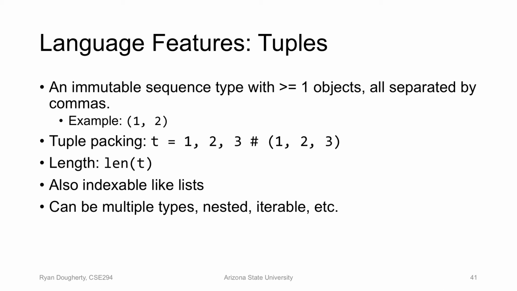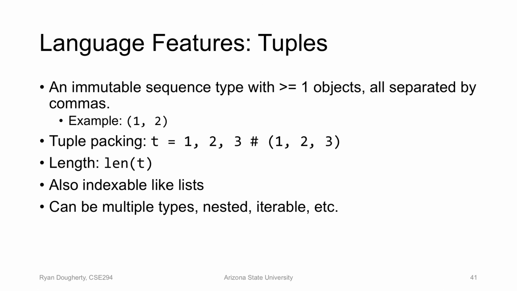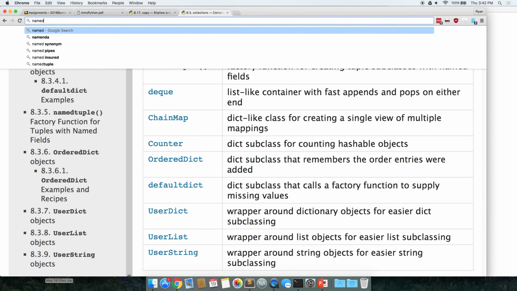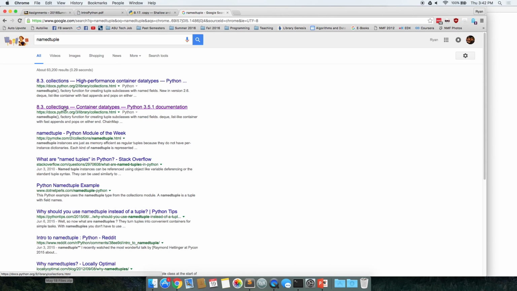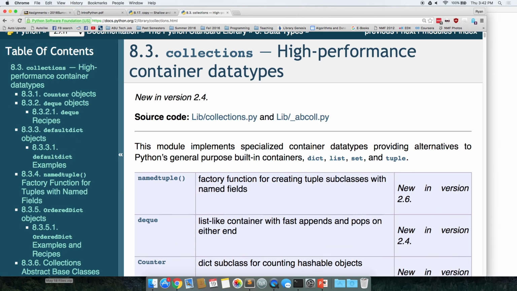Okay. So any questions on tuples? Cool. And there's actually something called namedtuple, which I didn't think I was going to do this, but namedtuple is really cool. It's also in the collections module.